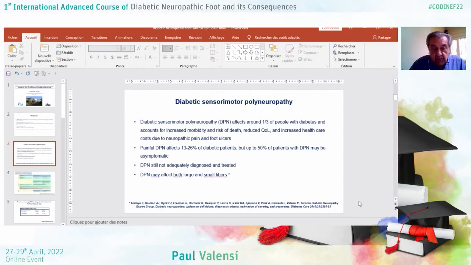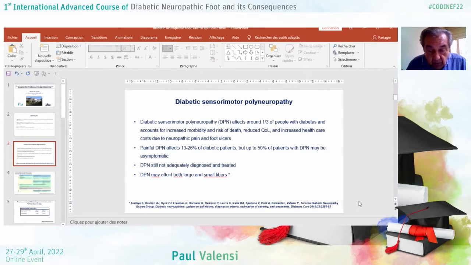Painful diabetic peripheral neuropathy affects some 13 to 26% of diabetic patients, depending on the settings, but up to 50% of patients with DPN may be asymptomatic. So DPN is still not adequately diagnosed and treated.